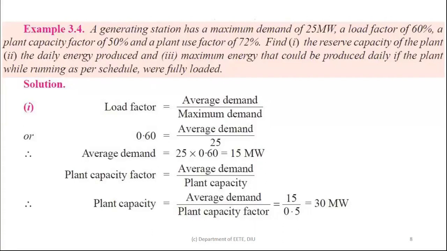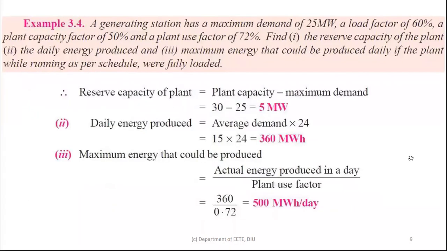Then we got the plant capacity, 30 megawatt. That is the process: knowing the equation properly and finding the exact value. So the reserve capacity is 30 minus 25, which is 5 megawatt.